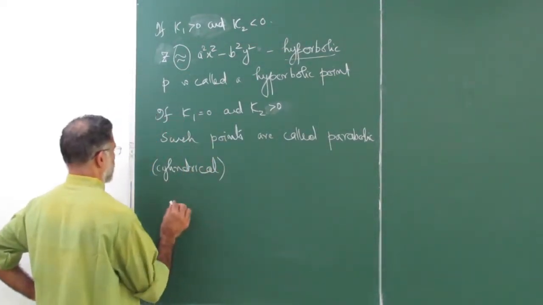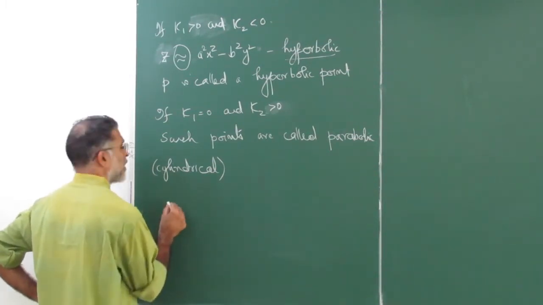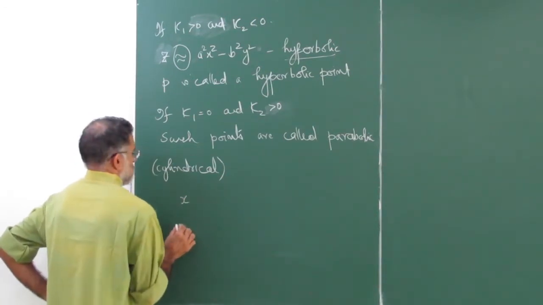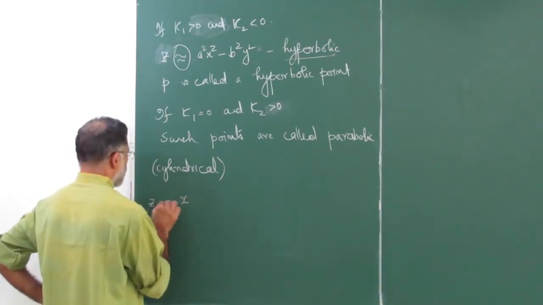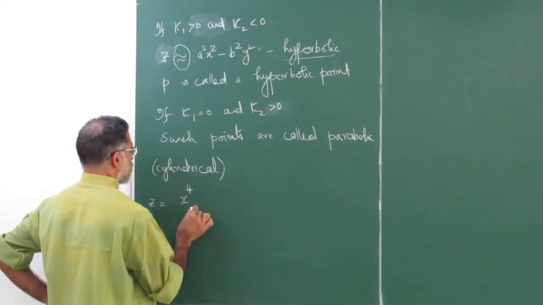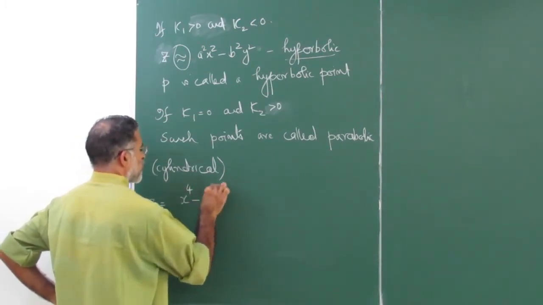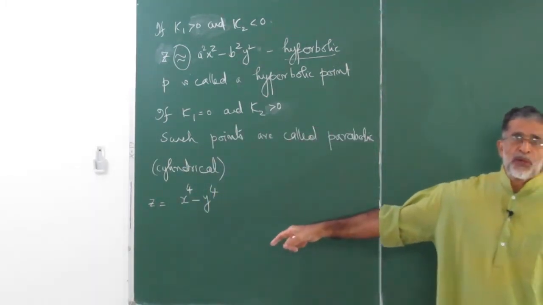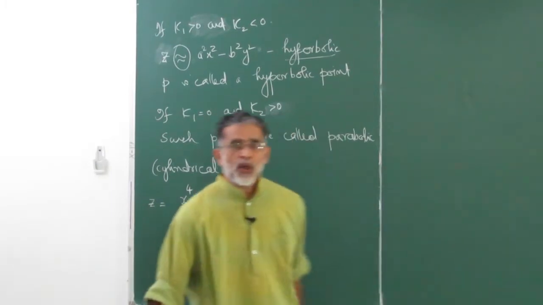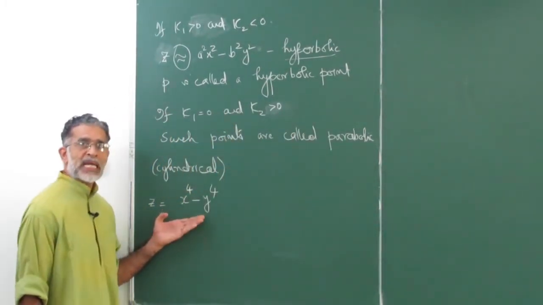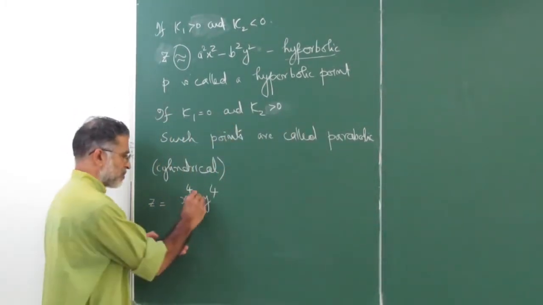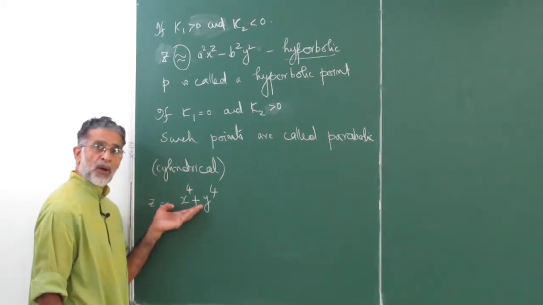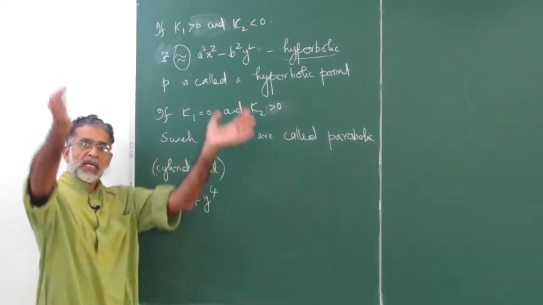For instance, that's what I was telling you, some examples like z equal to x raised to 4 minus y raised to 4, or x raised to 4 plus y raised to 4. With these kinds of curves, locally you will not be able to get any conclusion. This one will be elliptic, like a hyperboloid, because both sides it increases.